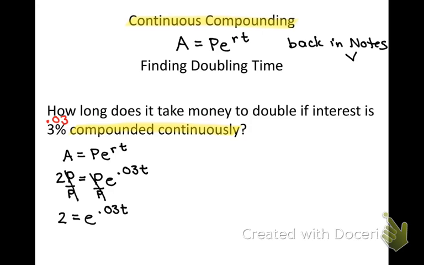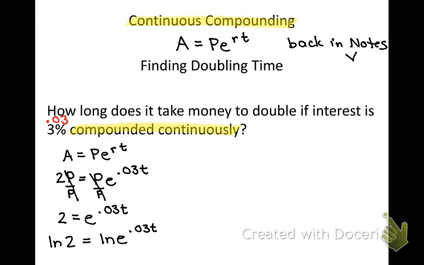The base on the right-hand side of this equation is e. Is there a way that I can easily rewrite 2 as a base of e? Nope. So I need to take the natural log of both sides. I'm going to have the ln of 2 equals the ln of e to the 0.03t.